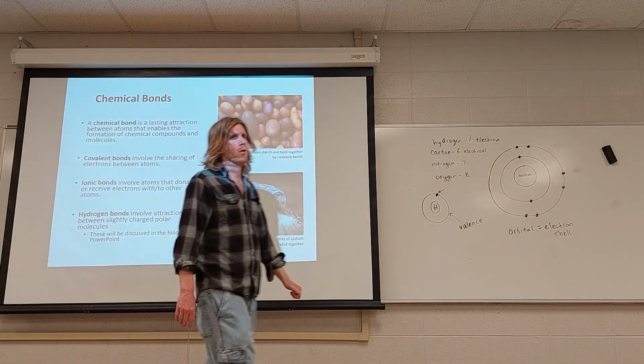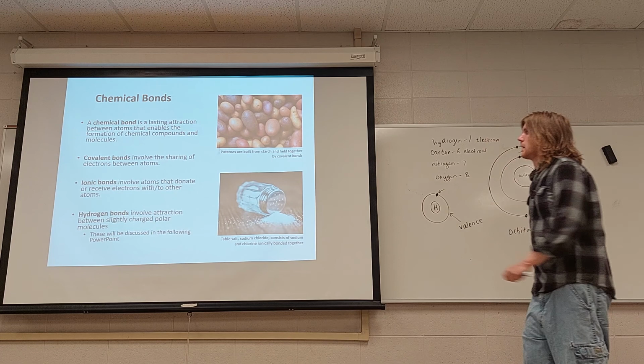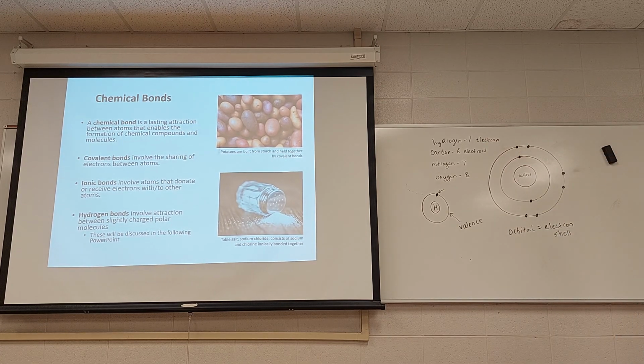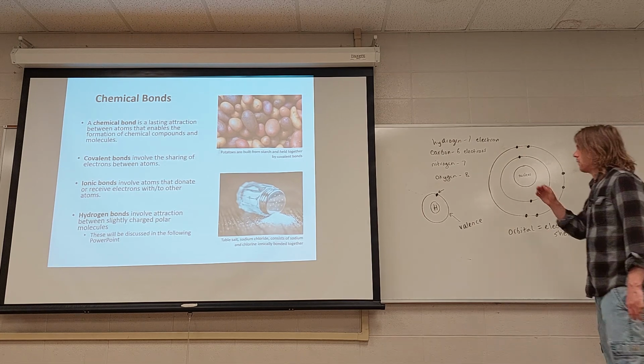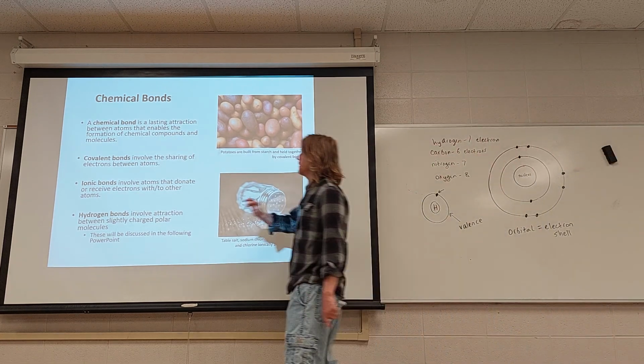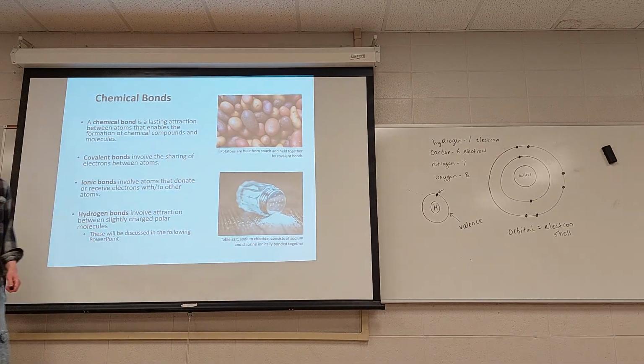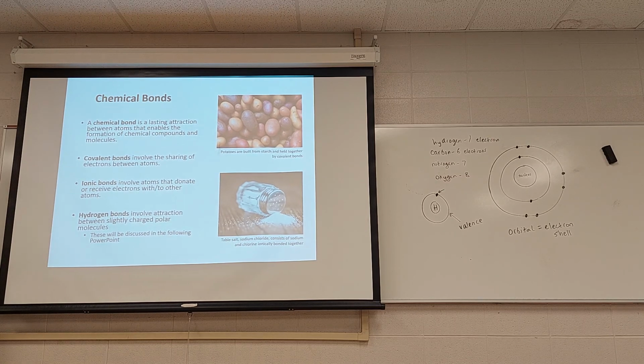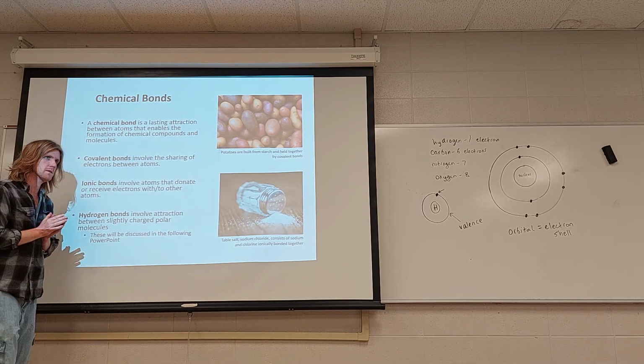Water is formed by chemical bonds. A chemical bond is a lasting attraction between atoms that enables the formation of chemical compounds and molecules. The one that we just looked at with water is a covalent bond. Covalent is sharing, and as you saw, hydrogen and oxygen had electrons that applied to the valence orbital for both atoms.